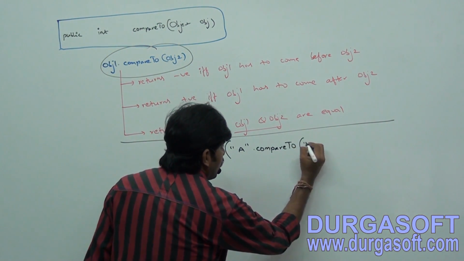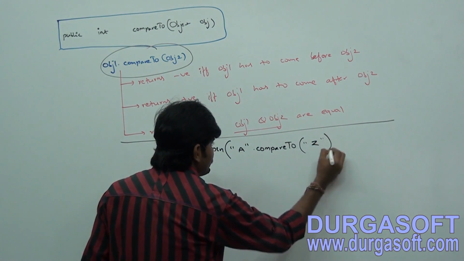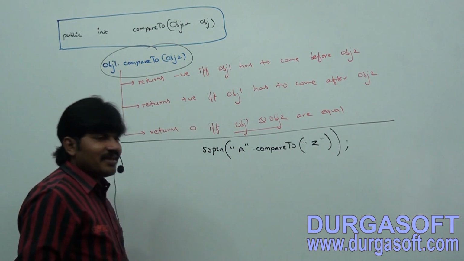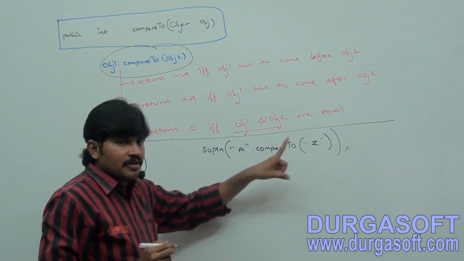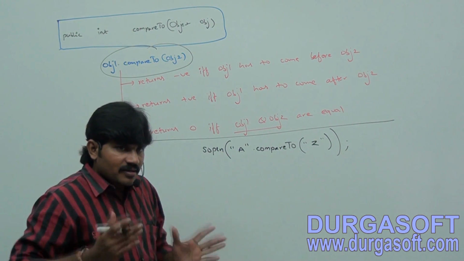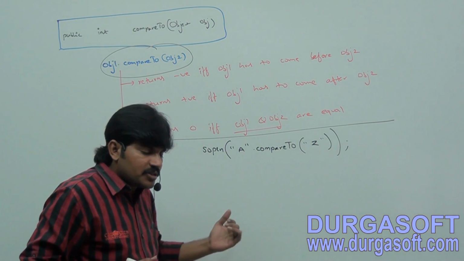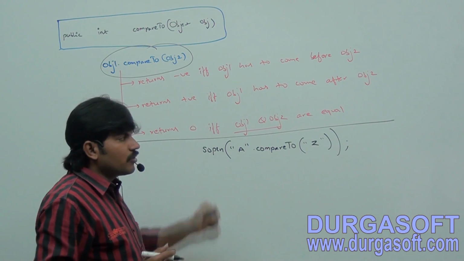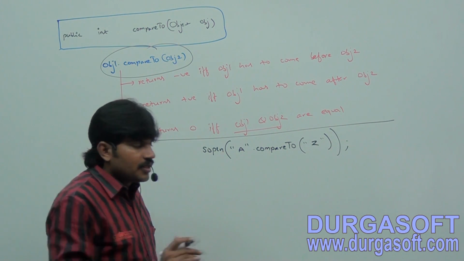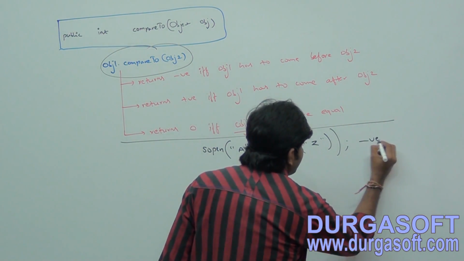On A, I am calling CompareTo of Z. Sir, I am comparing A and Z. In alphabetical order, should A come before Z or after Z? Before. Before means, is it going to return positive or negative? Negative.